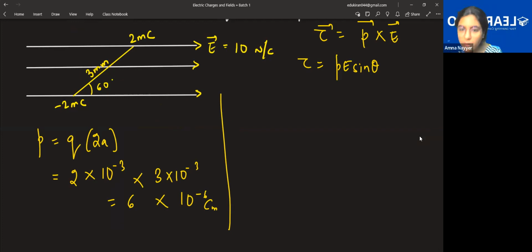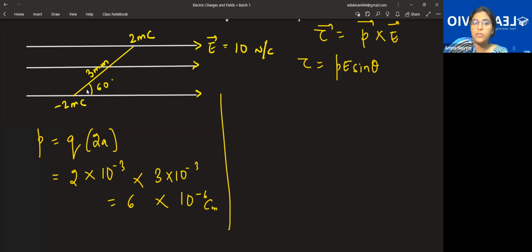If I were to write it, I would have written it as just L. But by convention, we have been following this as 2a. If a was the separation between both the charges and I had written 2a, then we would have doubled it. Right now, 2a is the separation between the charges.